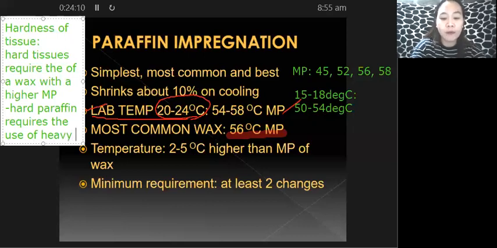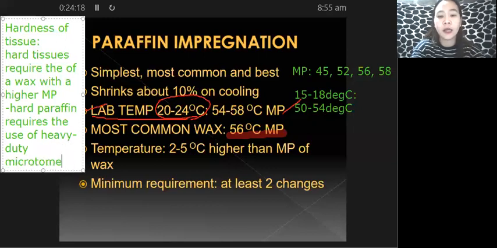So I repeat, hard paraffin requires the use of heavy duty microtomes. Examples of heavy duty microtomes that we have in the laboratory are your sliding microtomes.